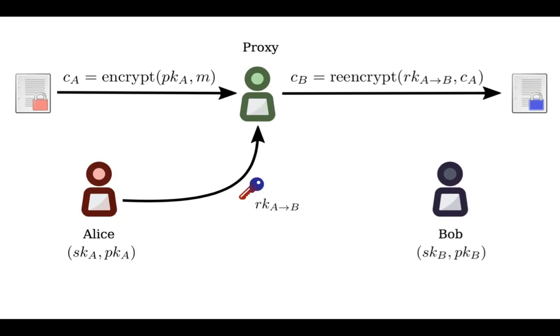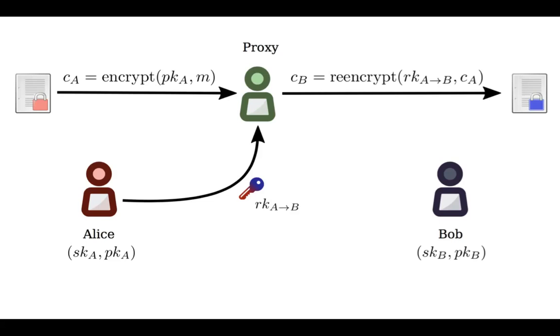And so she would like a proxy to handle the encryption of this data. What proxy re-encryption allows Alice to do is to start with her plain text, and she encrypts this with her keys and gives this to a proxy. And so the proxy has the encrypted data, does not know what it is, and Alice has not shared her private key with the proxy.